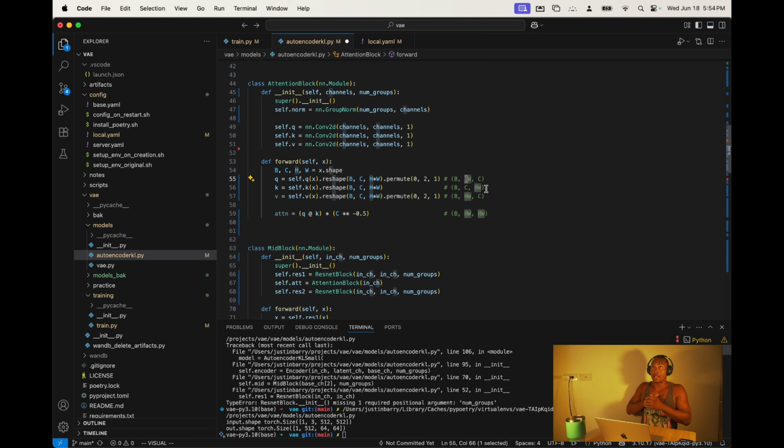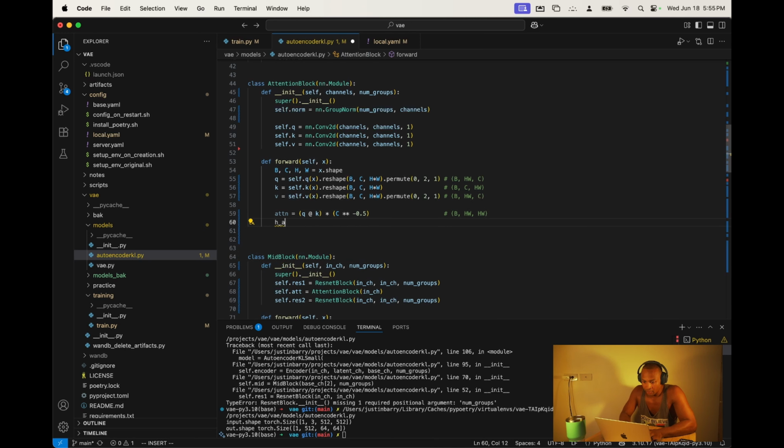So you're taking the dot product of one representation of the image on a pixel level with another representation of the image on a pixel level.